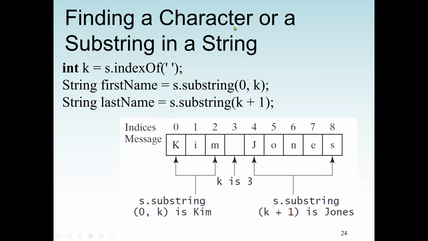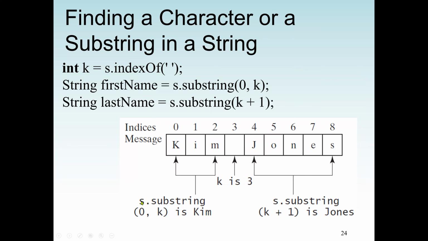Now, finding a character or a substring in a string: here we have a first name and a last name, Kim and Jones. The user enters the first name as Kim and the last name as Jones.